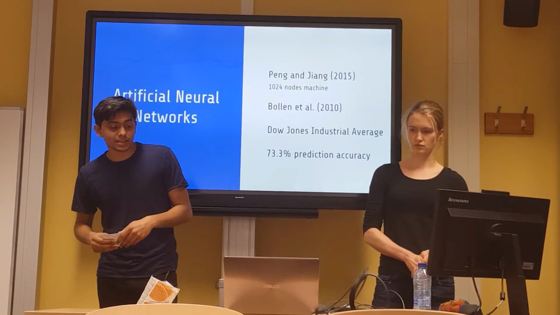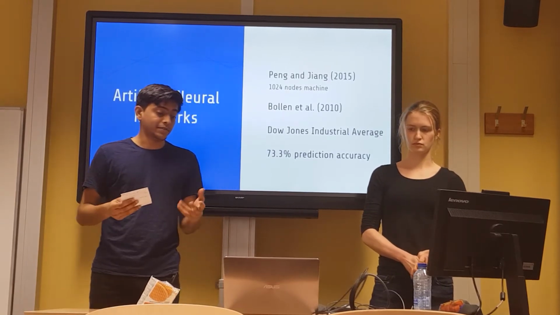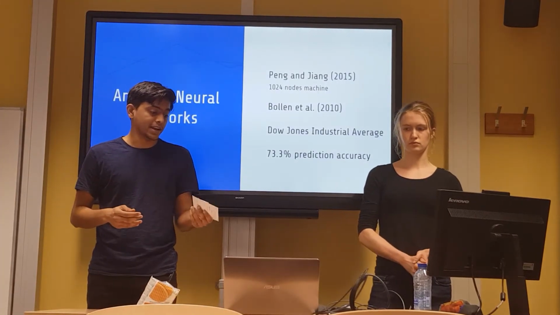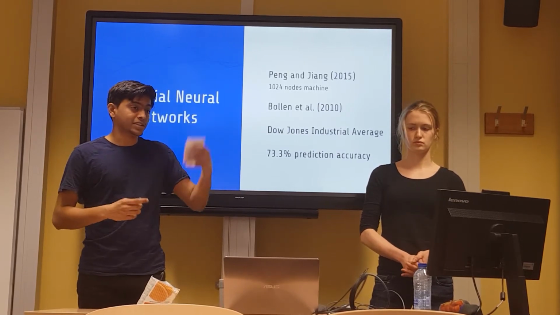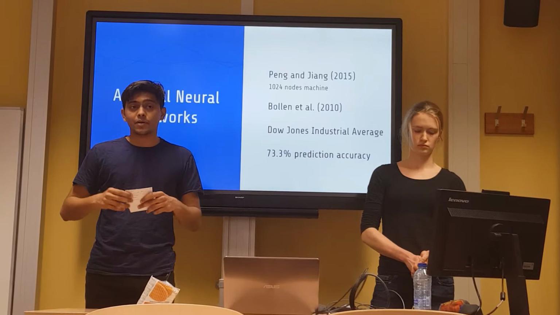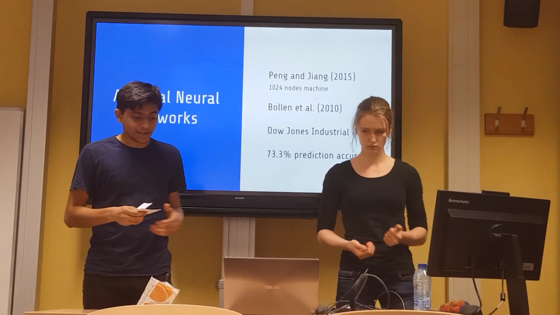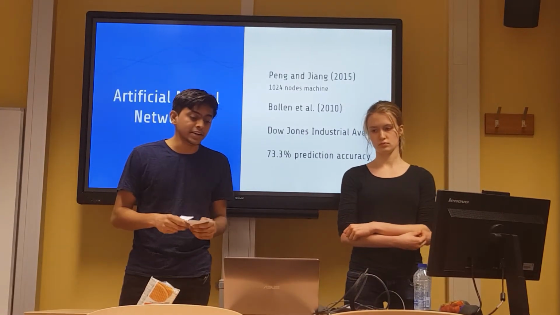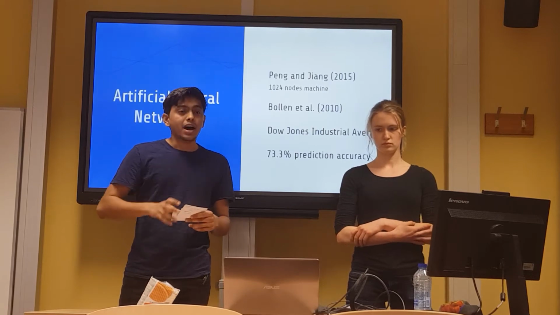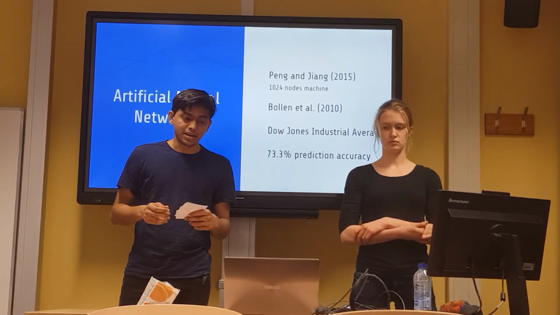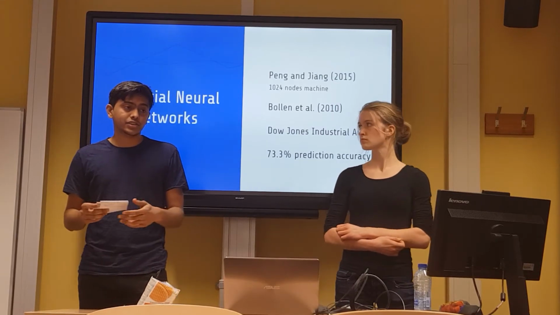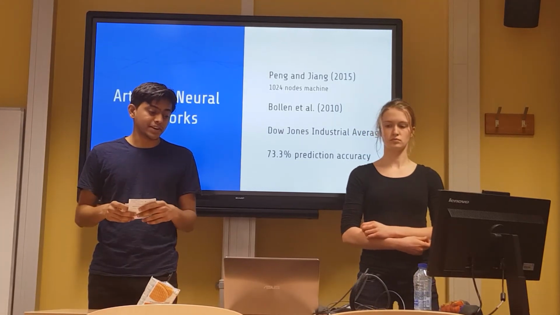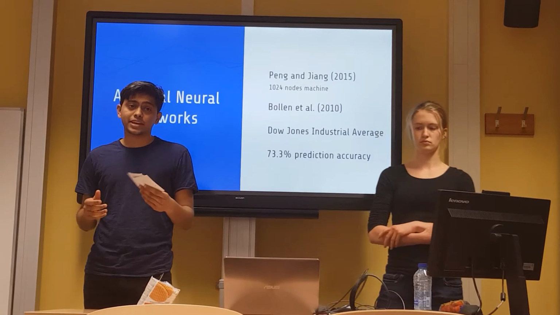That's how an artificial neural network works. We have a few examples. First is Peng and Jian, which we will discuss later in the presentation when we talk about NLP. She will describe it. And in 2010, Balloon managed to predict the Dow Jones Industrial Index with 73.3% prediction accuracy.